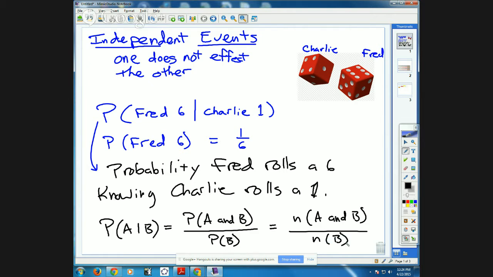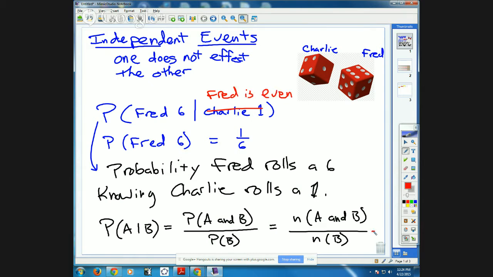Another example would be, what's the probability that Fred gets a 6, knowing that he's going to get an even number? That totally changes things. I know there's going to be an even number. That changes my universe, so my denominator is going to be different. Instead of having Charlie get a 1, let's say we know Fred gets an even number.